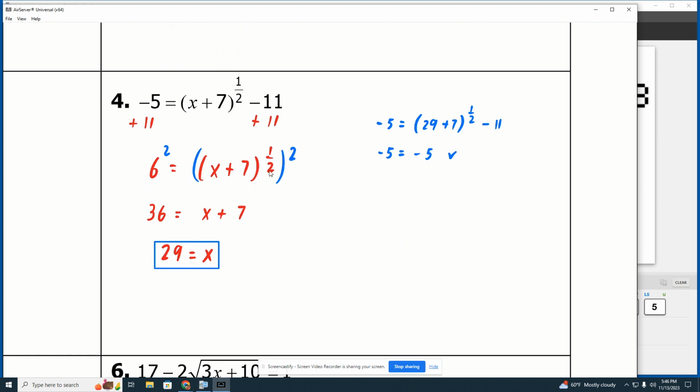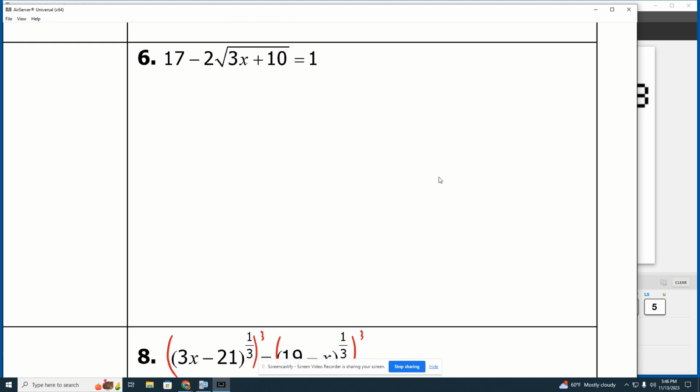Then I got rid of that rational exponent by raising it to the power of the root, squared. See that? It cancels it. So 6 squared equals 36. This x plus 7 comes out. I solved by subtracting 7, and there it is, 29. I went back and I plugged it in, and sure enough, it gave me negative 5. Well, negative 5 equals negative 5, so that one is a solution.